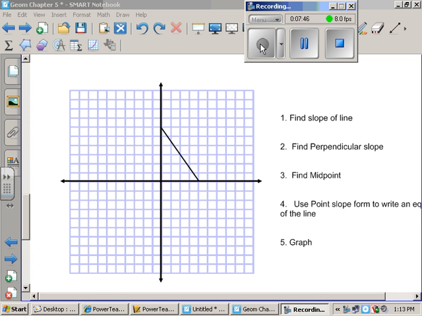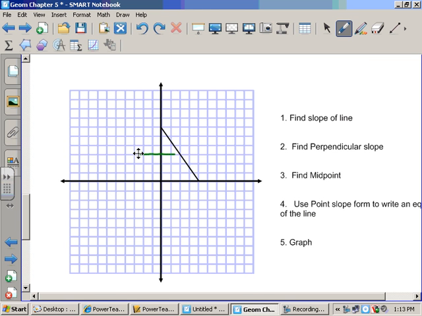So perpendicular to this vertical line is going to be horizontal, and bisector, if it's 1, 2, 3, 4, 5, 6 tall, then 3 would be halfway. So my first perpendicular bisector is going to be there. Okay, this one's horizontal, so I could have a vertical, and it's 1, 2, 3, 4 long, so 2 would be halfway.